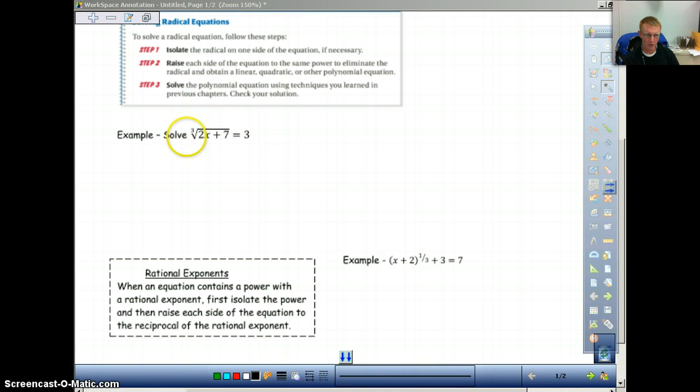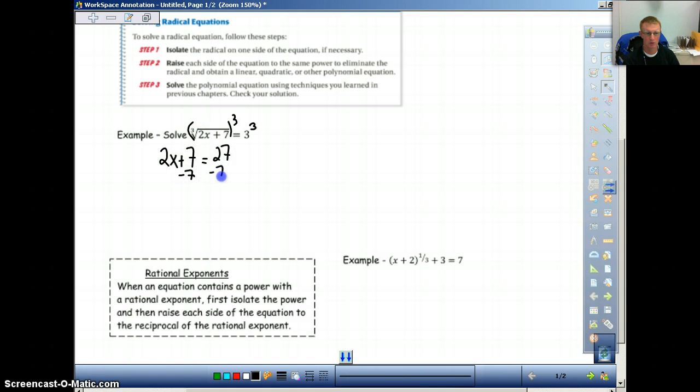So our radical here is already isolated. So our first step is to simply raise both sides to the third power because we have a third root. That means that the root and the power will cancel out. So we will be left with 2x plus 7 equals 3 to the third power, which is 27. And now this is just a linear equation, so we're going to solve it as we normally would.